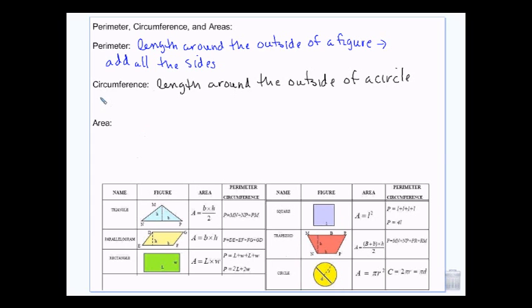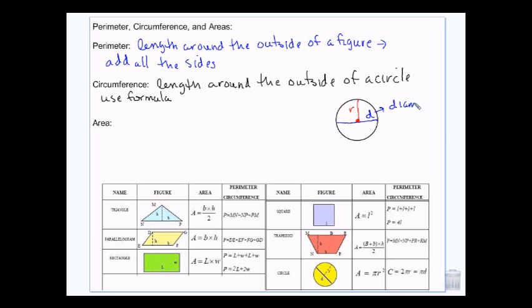Hold on, I'll write that down. So you're going to use the formula to find this. If I have a circle, okay, the length going completely across the circle is the diameter. The length from the center of the circle to the side is the radius.